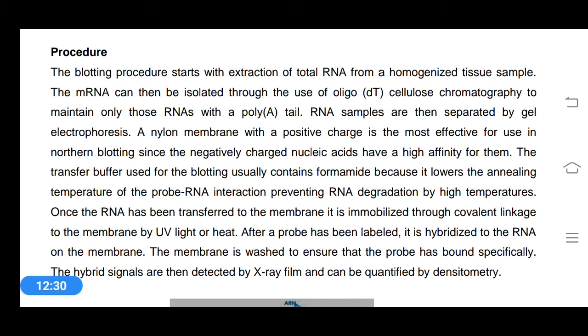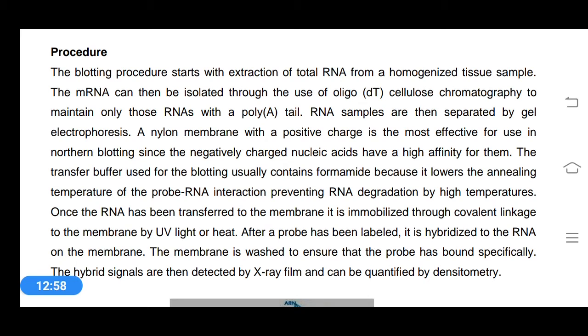So after transfer of these RNA fragments or RNA bands onto the nylon membrane, this is treated with transfer buffer along with formamide for lowering the annealing temperature.